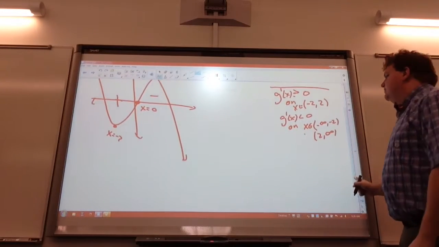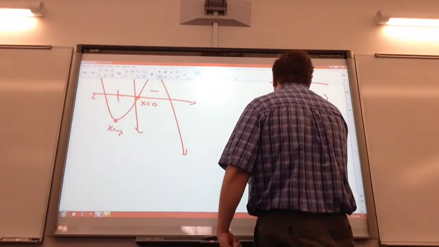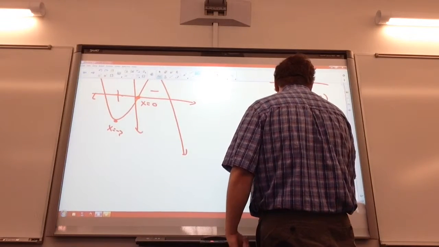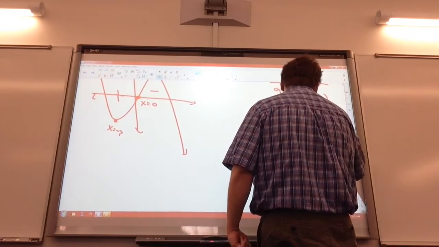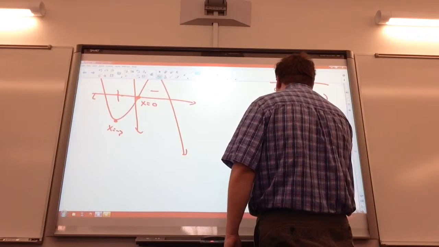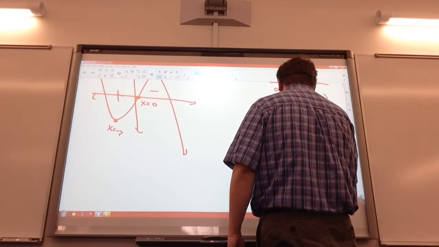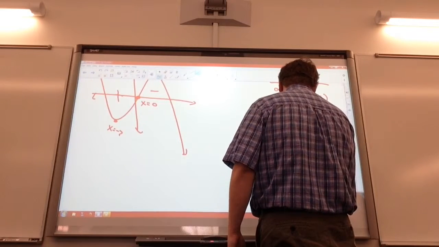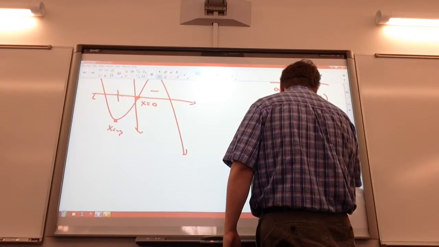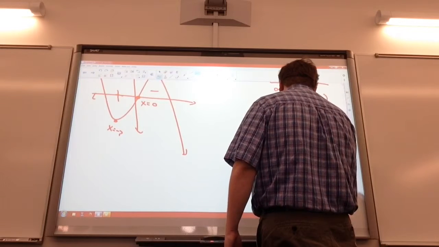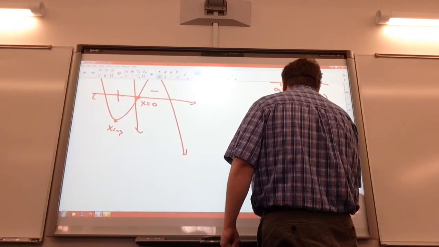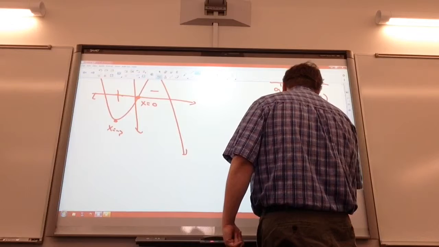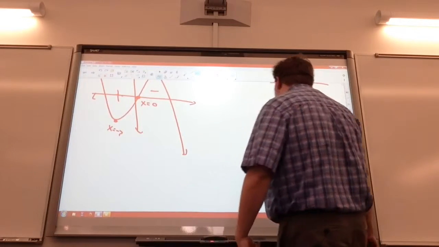So we could say g double prime of x is equal to 0 at x equals 0, and we're concave up on the interval from negative infinity to 0 and down from 0 to infinity.